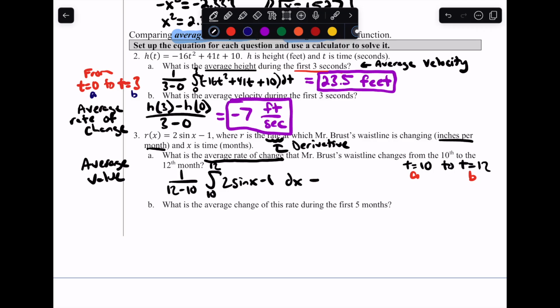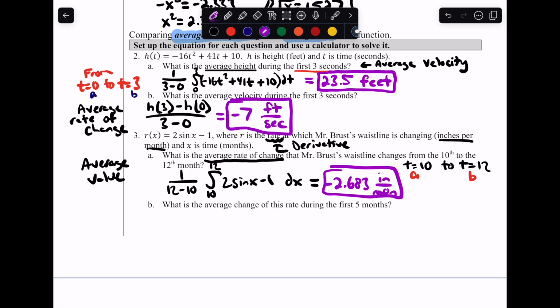From plugging that in and using our technology, that fnInt feature, this is going to end up being an average value of negative 2.683 inches per minute. This is the average amount that the waistline is changing per month between the 10th and the 12th month. And that's not inches per minute, but inches per month.